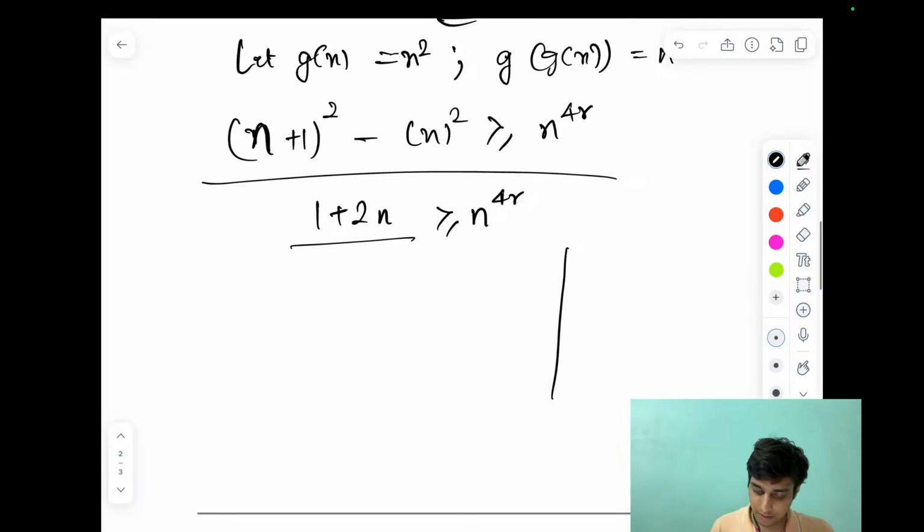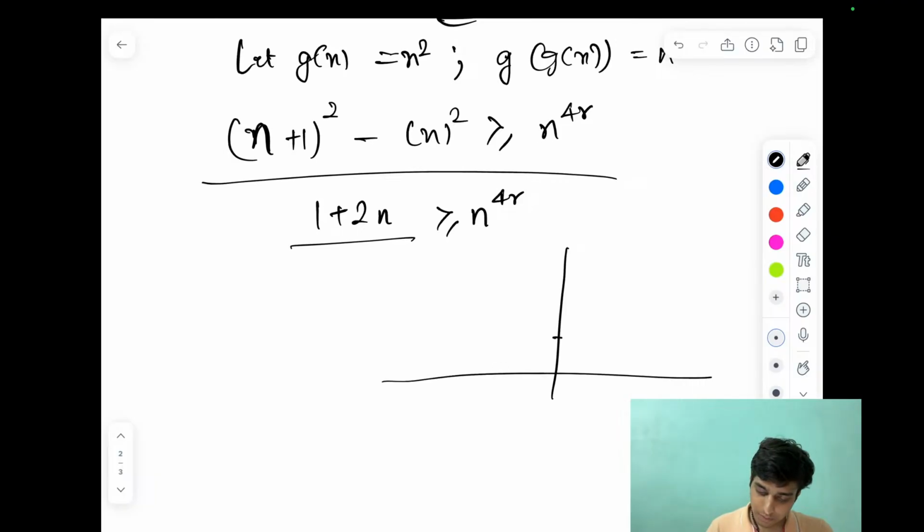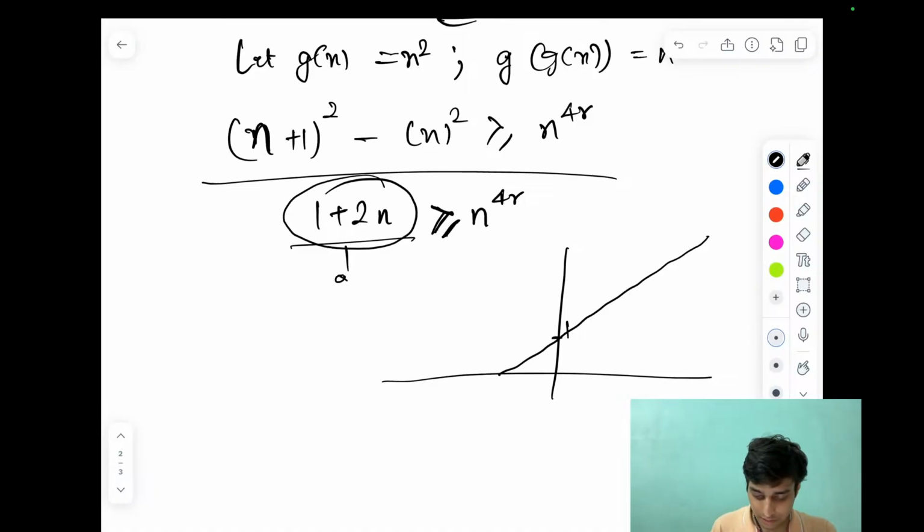So if we try to plot this, it would be 1 here and some value here. For this condition to be met, it should be greater than or equal to. It would never be equal to. So this side of the function should always be, suppose it's 1 plus 2n. So our maximum value can be as a linear function. So we can have r to be 1 by 4 from here.